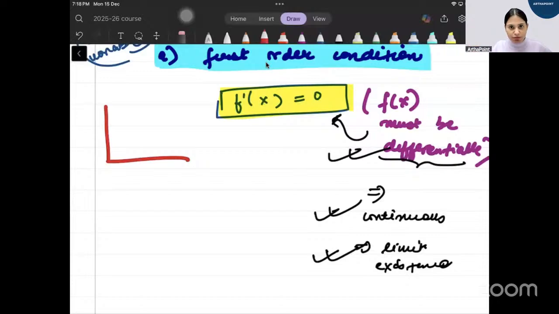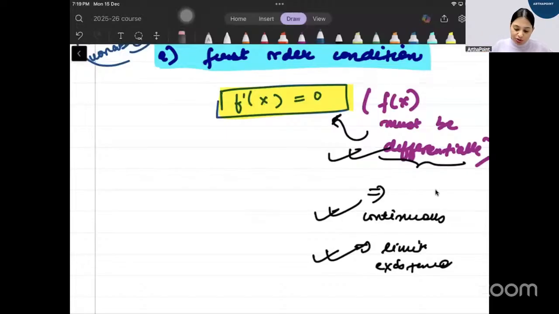They are not differentiable. When we talk about max functions, these are not differentiable. So basically the first order condition requires, क्योंकि मैं differentiate करके equate to 0 कर रही हूँ, that the function must be differentiable.